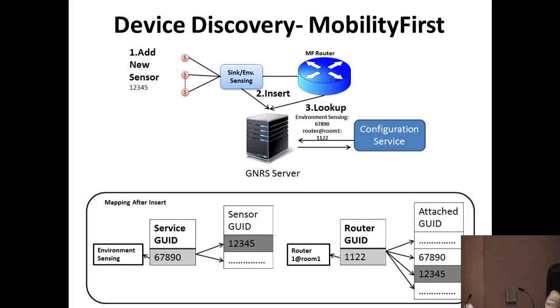Besides that, this new sensor's GUID will also be inserted into the device that's attached to a router or sink, depending upon your terminology. So the service GUID is for service discovery, and the router GUID is for physical forwarding.